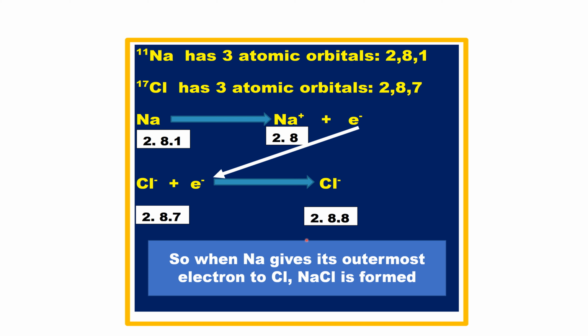So 2 in the first shell, which it needs, 8 in the second shell, which is what it needs, and 8 in the third shell. So in this way, sodium is stable and chlorine is stable. So when sodium gives its outermost electron to chlorine, an ionic bond is formed between sodium and chlorine to form sodium chloride.